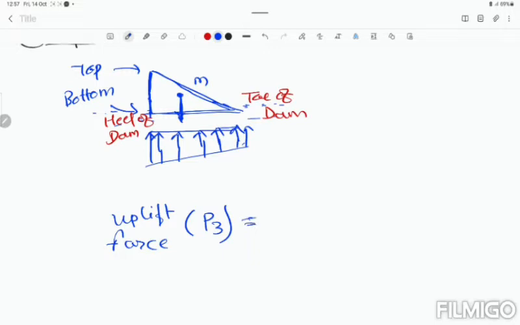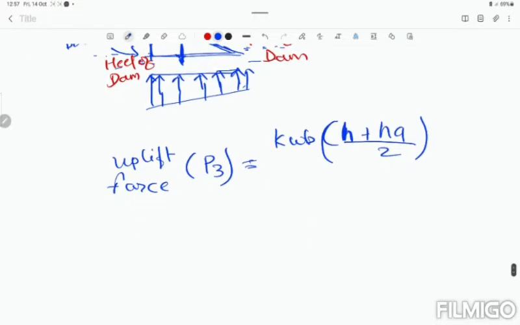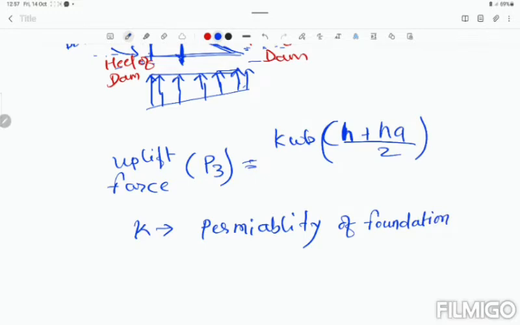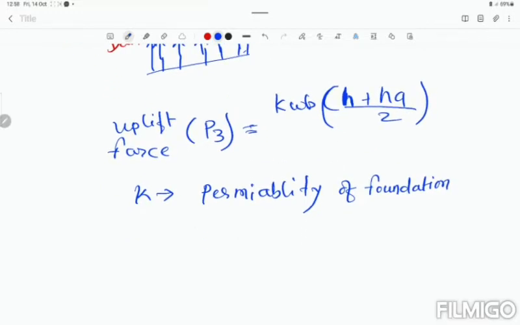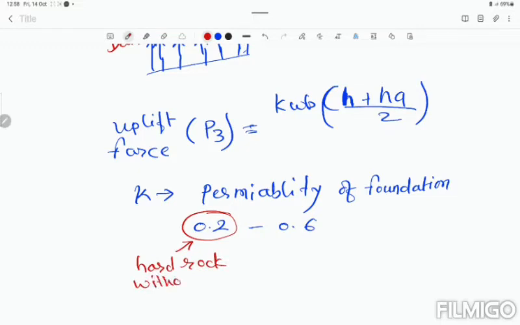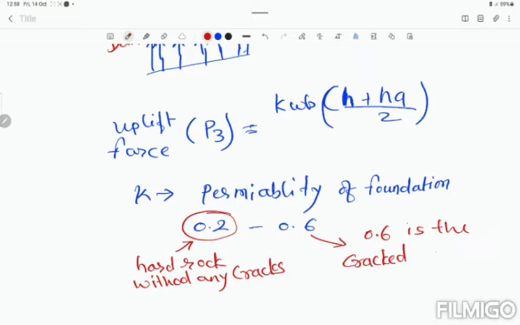The formula will look like this: K W B into (H plus H A) divided by 2, where K is the permeability of the foundation. The permeability of the foundation varies between 0.2 to 0.6. 0.2 is considered as hard rock without any cracking, whereas 0.6 is for cracked rocks.